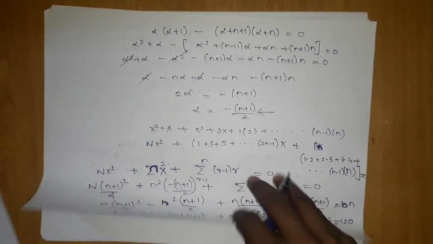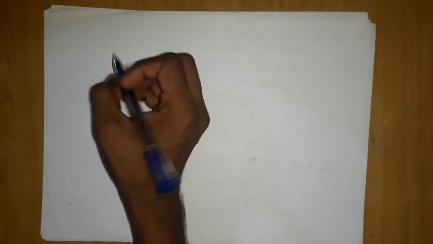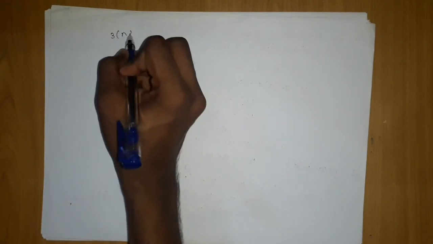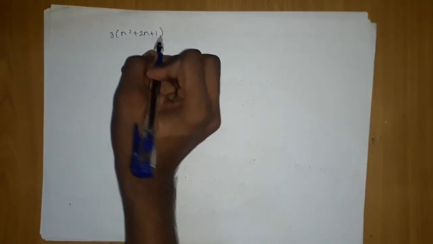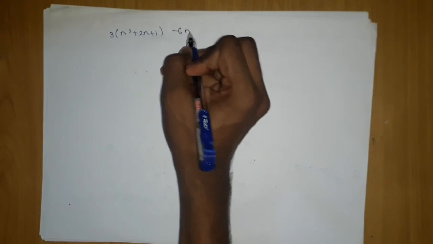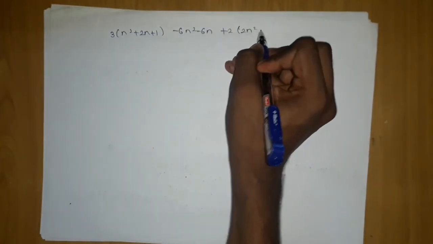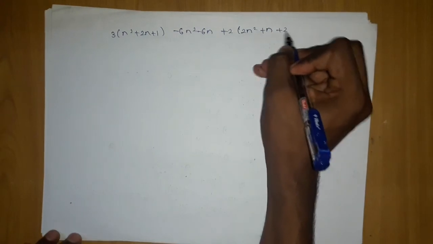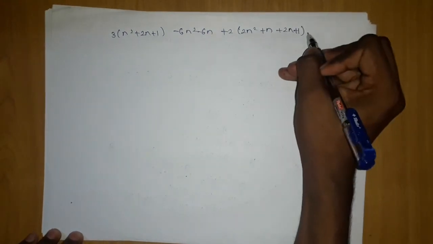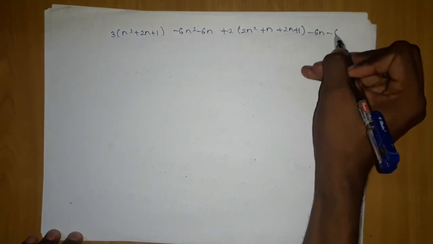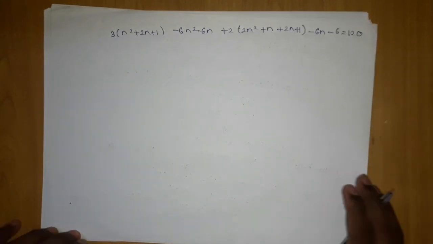If I simplify it further, I will be left with 3 into (n square plus 2n plus 1), minus 6n square minus 6n, plus 2 into (2n square plus n plus 2n plus 1), minus 6n minus 6, equals 120.